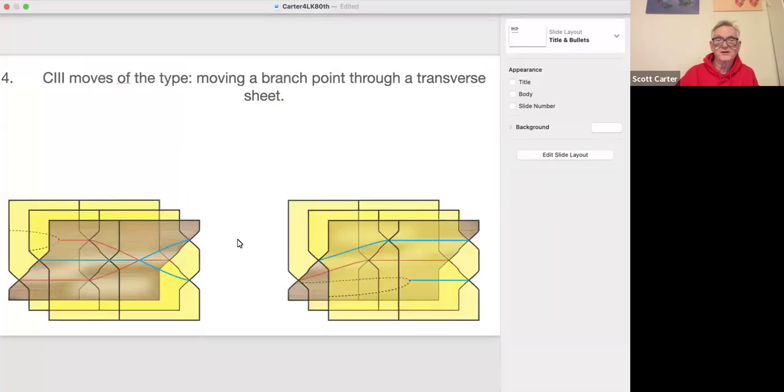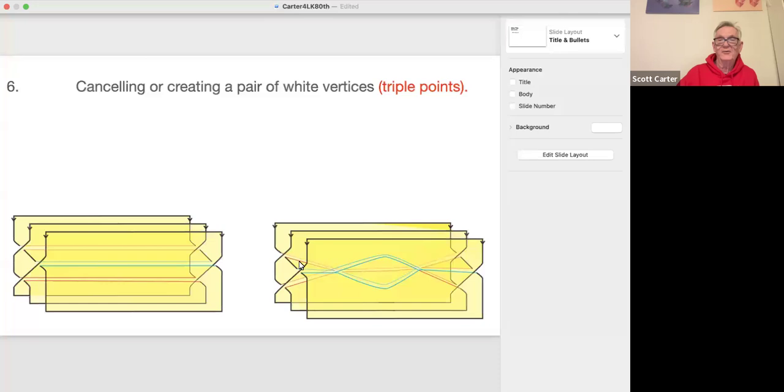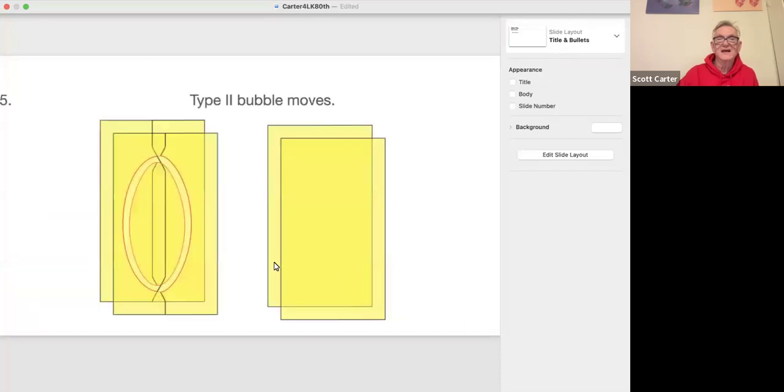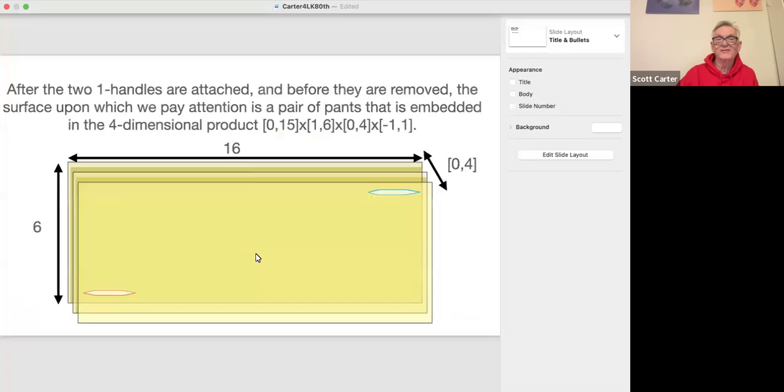This is not the best picture of it. I thought it would be when I started to draw it, but I haven't redrawn it. But here you see I don't have a triple point, and when I push this branch point through, I do have a triple point. And so that's one of the C3 moves. We also have a pair of white vertices canceling, and we have a type 2 bubble move.